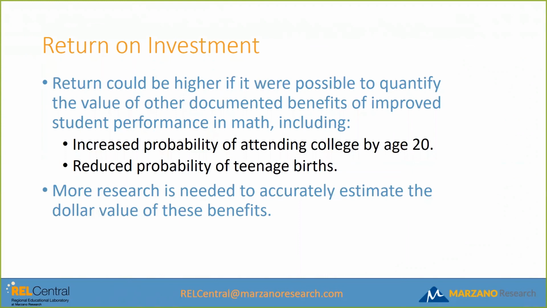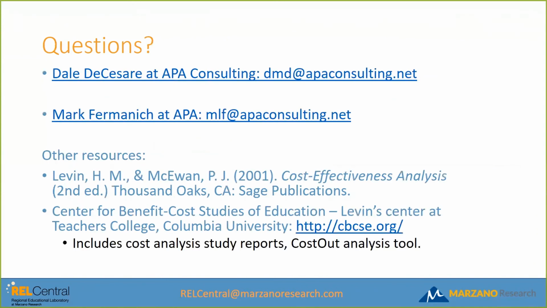But we weren't able to do that. So what we did is use only the most rigorous approach where we could actually price out the benefits. And even with that, we found that the cost benefit of this particular intervention seemed to be positive. So with that, we'll go to any questions that folks want to ask.